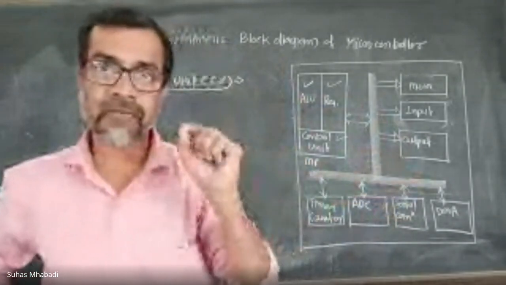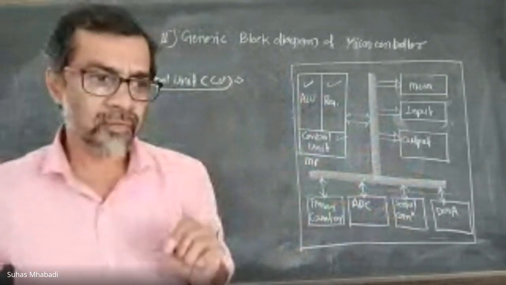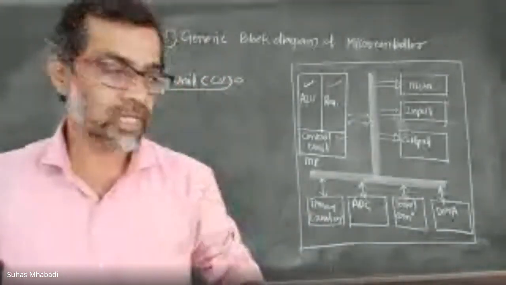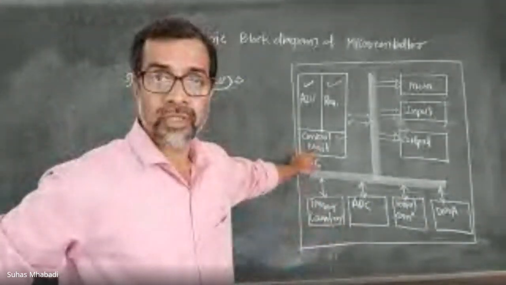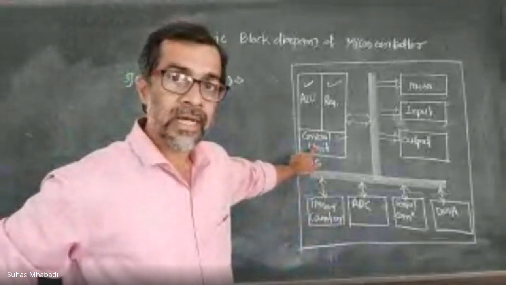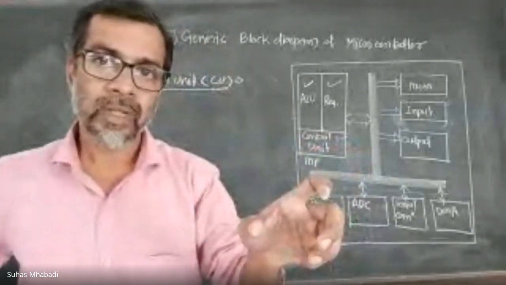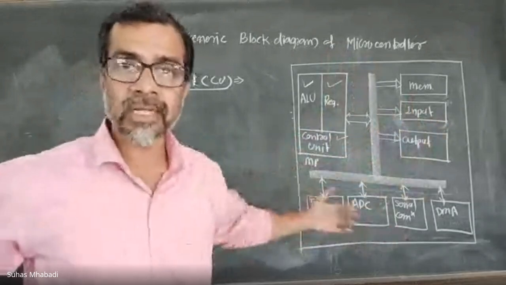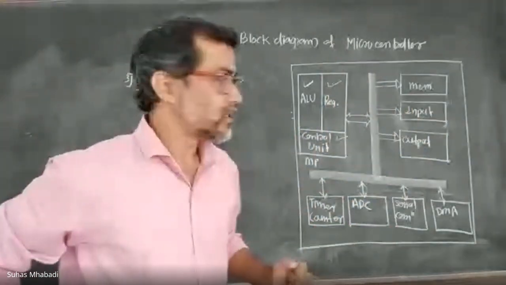But for communication of every location, it requires to specify some time, and the time is assigned by a block. The block is known as control unit. So control unit will decide how much time the controller requires to communicate with the memory and all the other blocks in this IC.